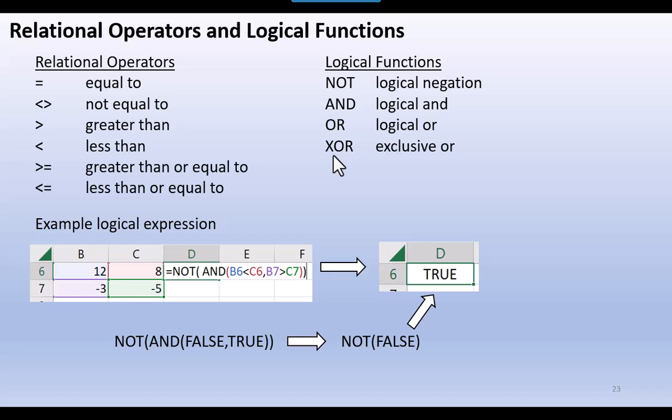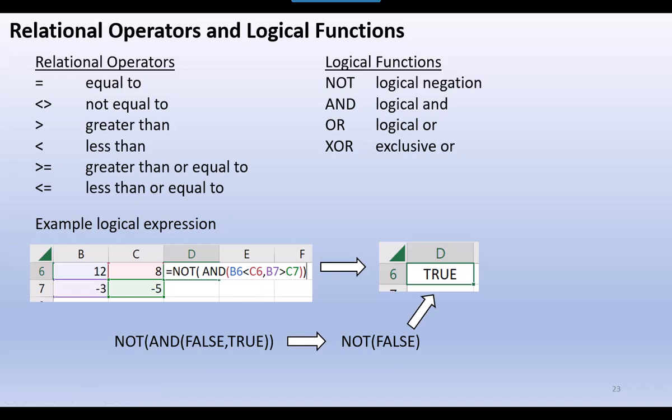So we have this down here, which is an illustration where we apply, and this is, by the way, the order in which the functions are applied unless it's overridden by parentheses. So what we have are a couple of relational expressions here.